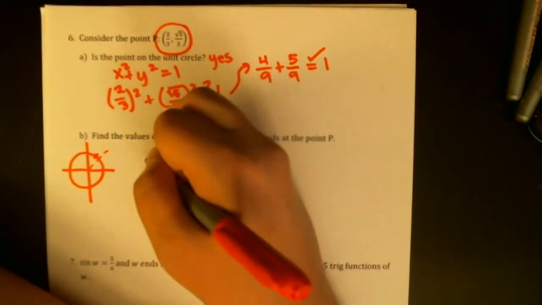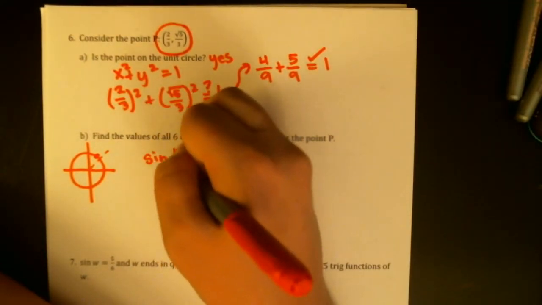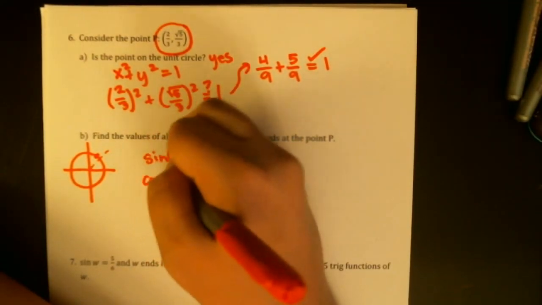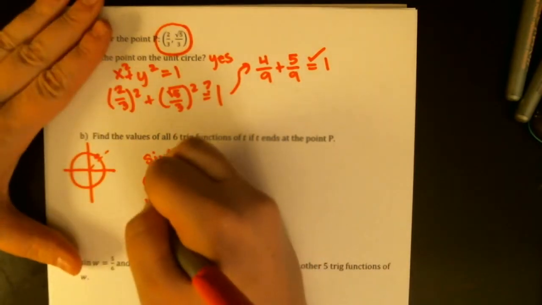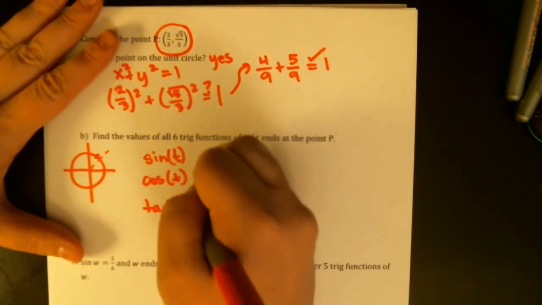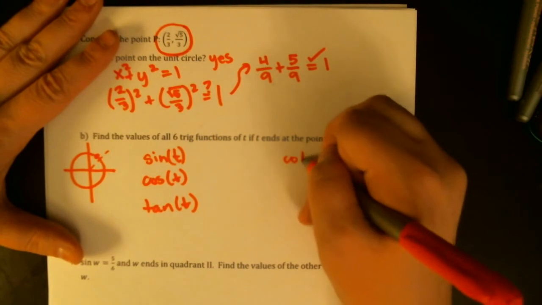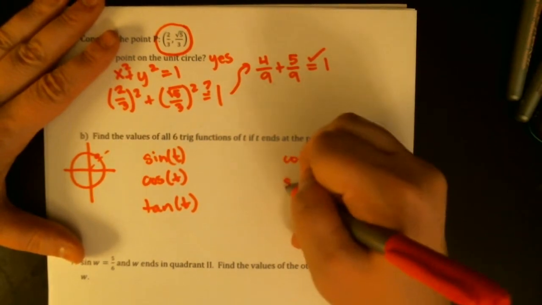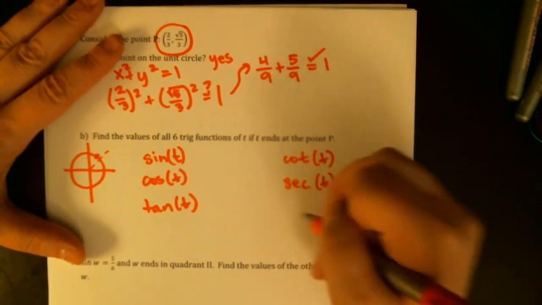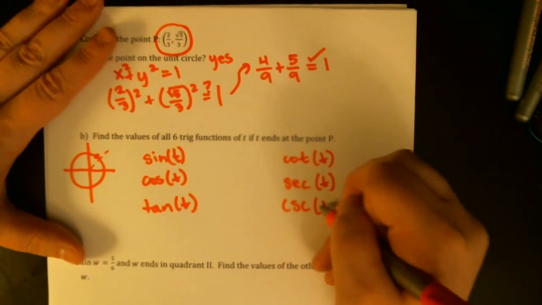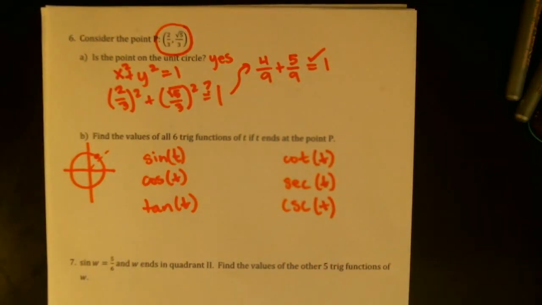Okay, so if we want to know the value of sine t, cosine t, tangent t, cotangent t, secant of t, and cosecant of t, again, this is really just memorization work.